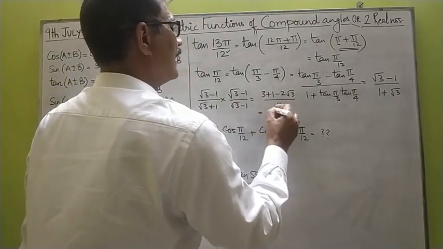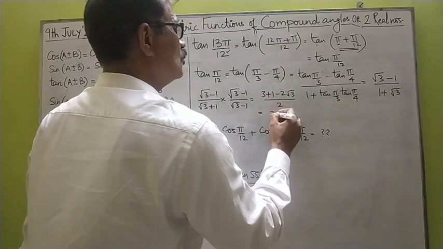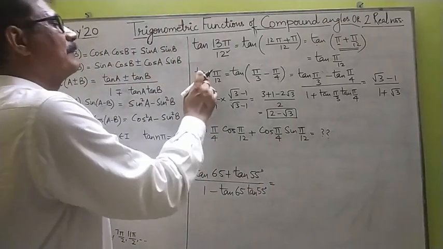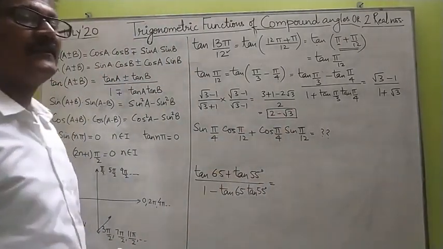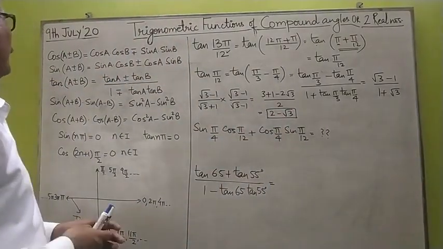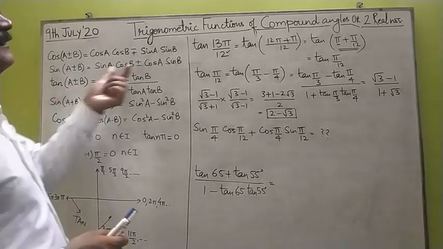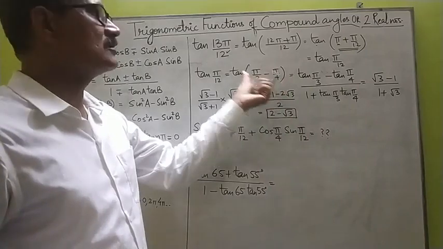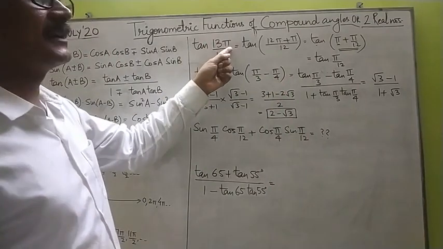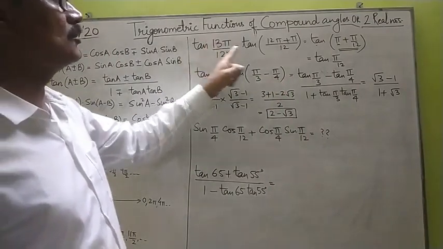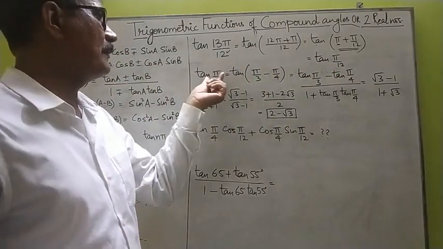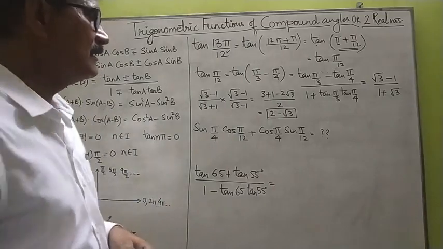And when we simplify it, we get 2 minus root 3. So the value of tan pi by 12 is 2 minus root 3, which we have got by using the formula of tan of a minus b, by expressing it as tan of pi by 3 minus pi by 4, the two standard angles. So 13 pi by 12 we started off, we brought it down to the acute angle, that is tan pi by 12, and then split this tan pi by 12 into the difference of two standard angles and used the formula.